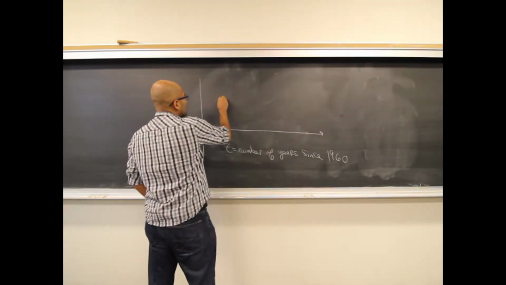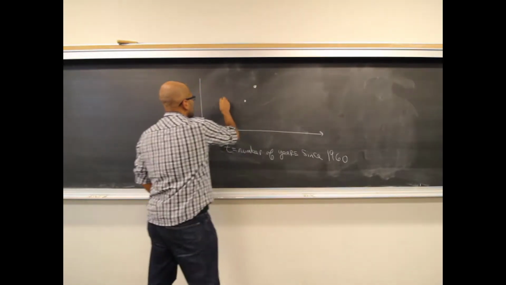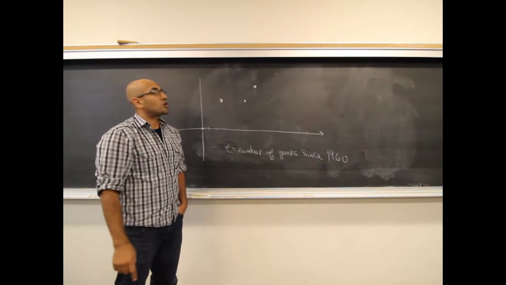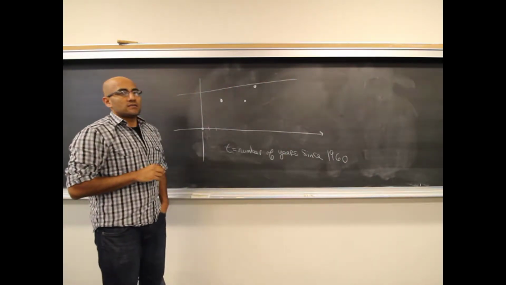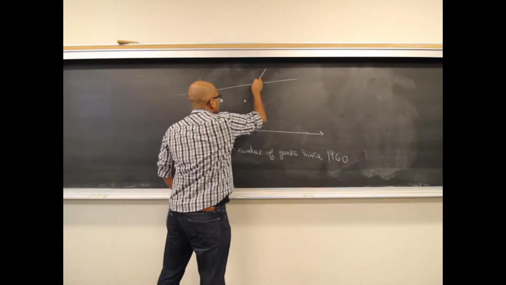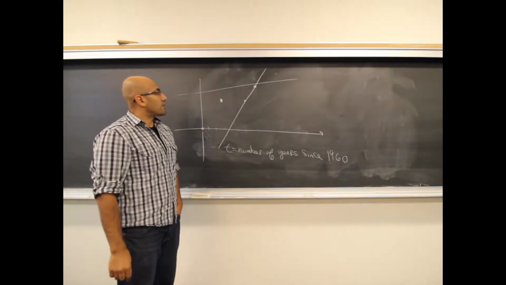For instance, let's say that with these 3 points, I wanted to come up with a line that comes close to all 3 points. Is this a good approximation? No. Is this a good approximation? Well, it goes through 2 of them, but it's completely ignoring the other one.